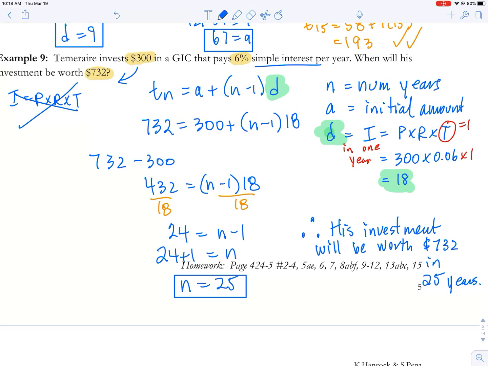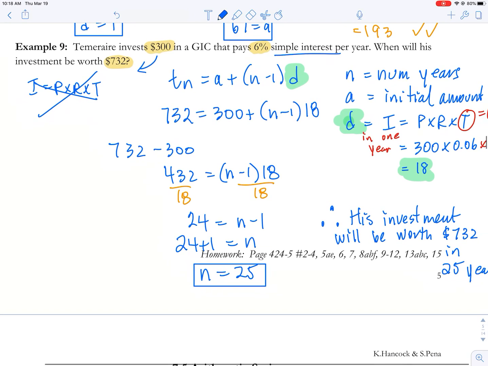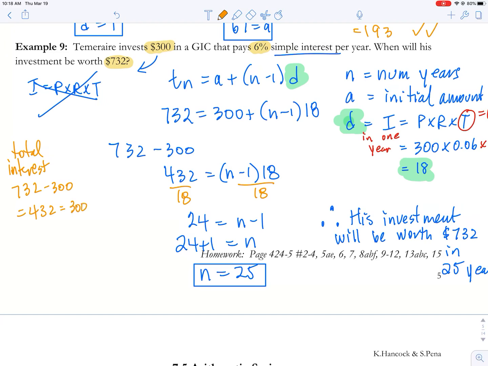And you can always do I equals PRT to check. So I'm going to do this over on this side, but you won't have to. It's just going to work. So we know we wanted the total interest to be 732 minus 300, which was 432. Oh, that's kind of like what we got there. And so we were going to have that interest equals our principal 300 times 0.06 times time.